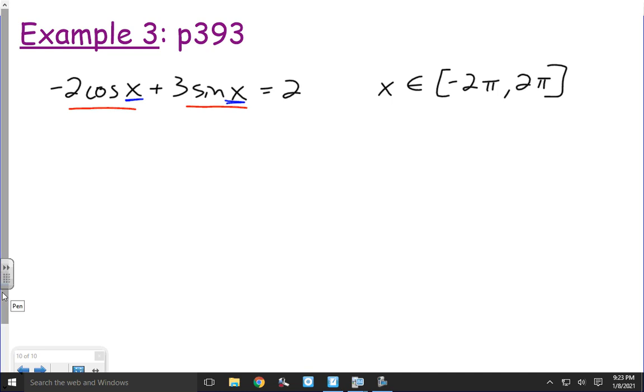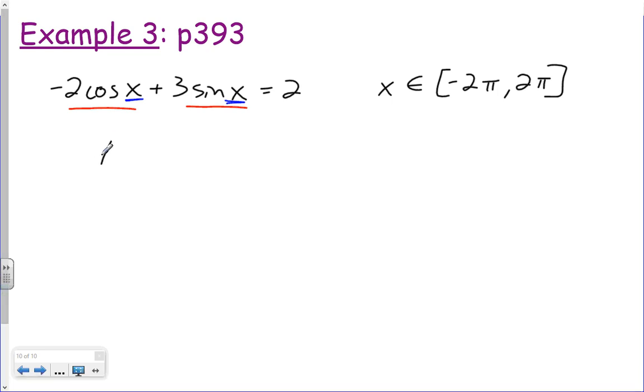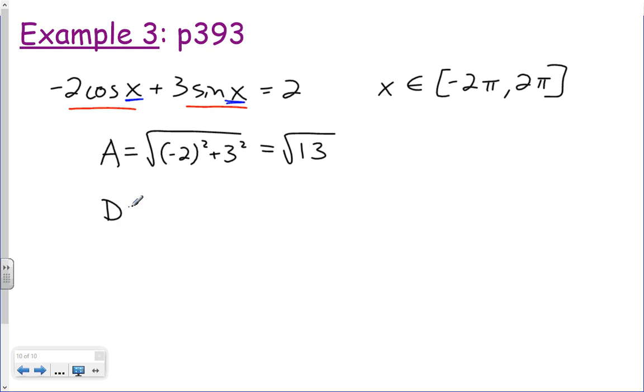So let's figure out what the A and the D value are for our linear combination property. So A turns out to be the square root of a negative 2 squared plus 3 squared. That's 4 and 9. That's 13, square root of 13. And for D, D is the arc tangent.